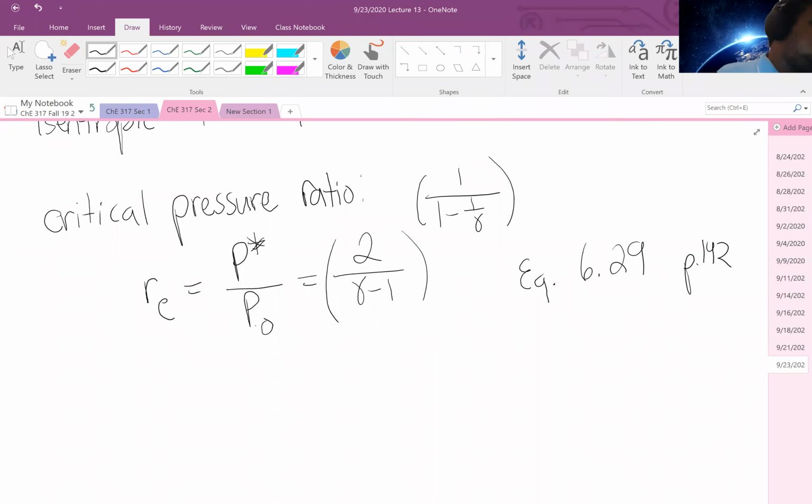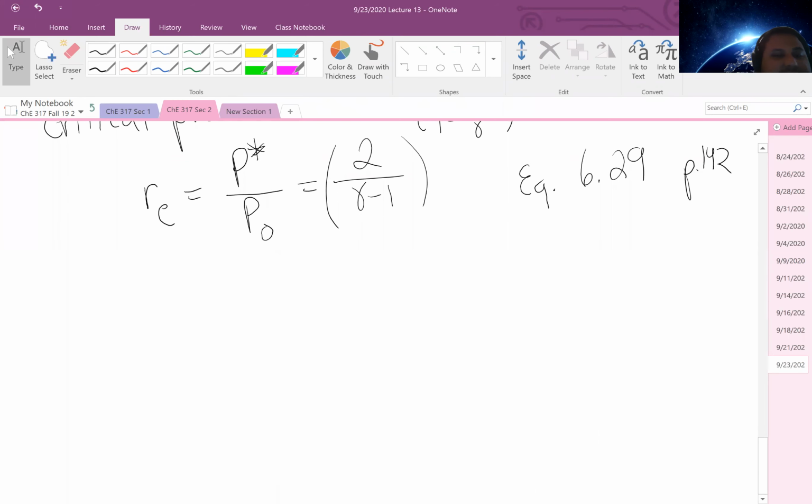The next expression that we'll look at is the determination of a Mach number for isentropic flow.